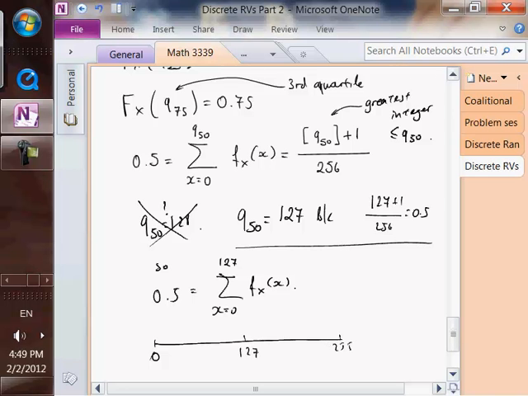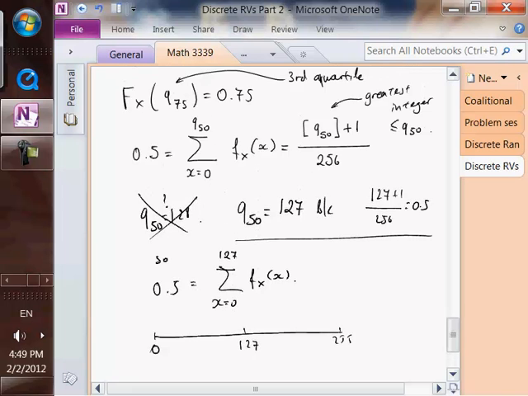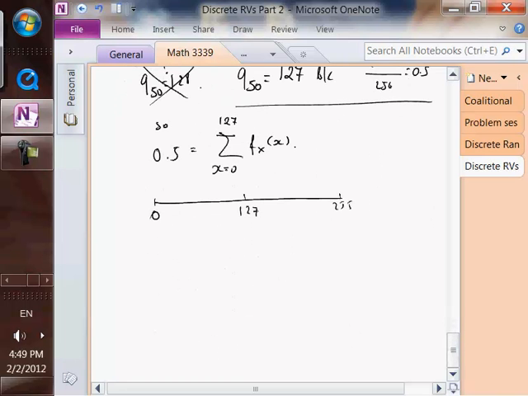Now, for the uniform distribution, let's compare the median with the mean value of the discrete uniform distribution. What is the mean value of the discrete uniform distribution? Which should be the range of the values that I have to sum?